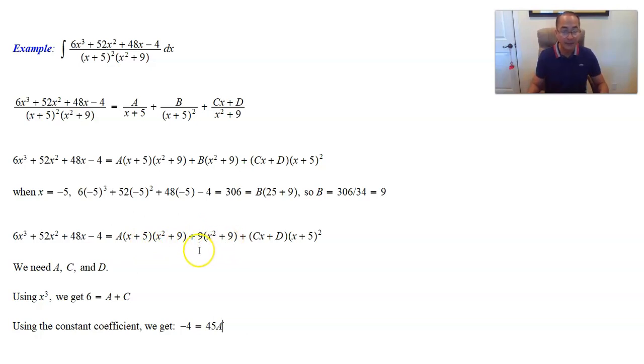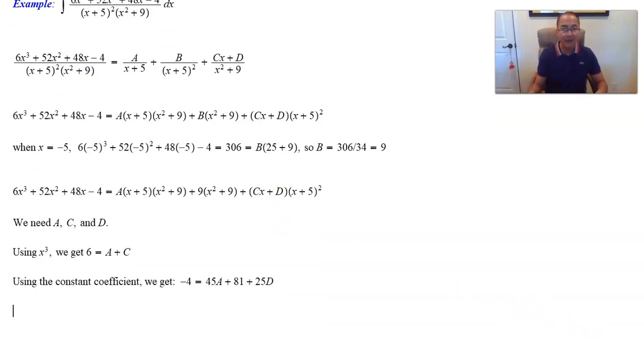There is a constant here, 9 times 9. And we have 25 here, and there's only one constant here, so plus 25d.